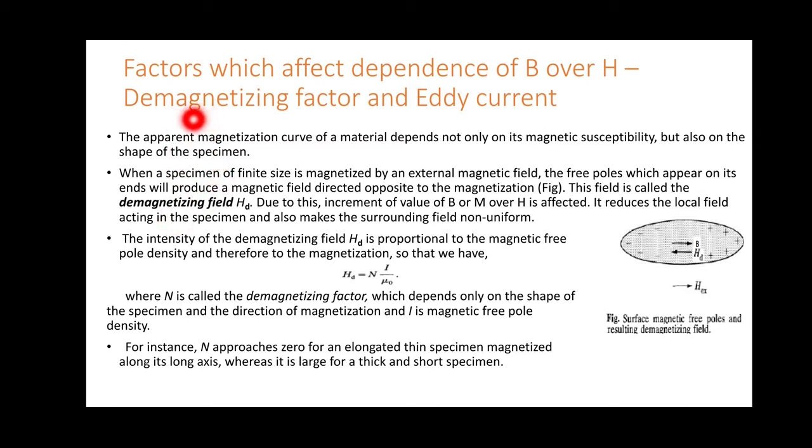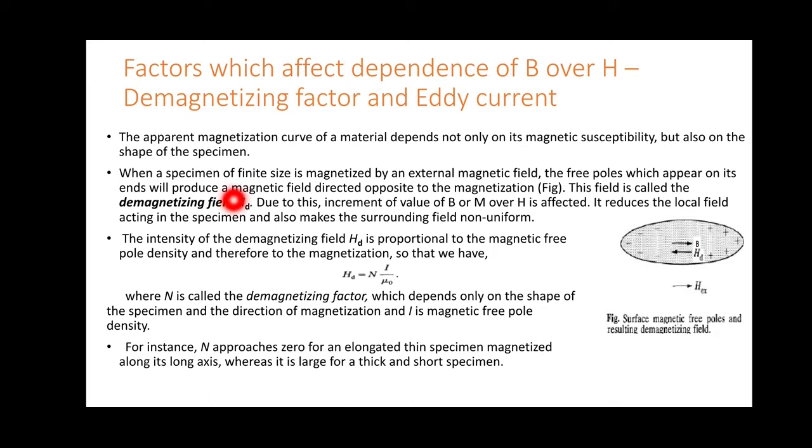There are two ways to explain the demagnetizing factor. I will explain the demagnetizing factor the same as in the electrostatic case, that is, by using poles. I know that magnetic poles do not exist, but they make our life easy.